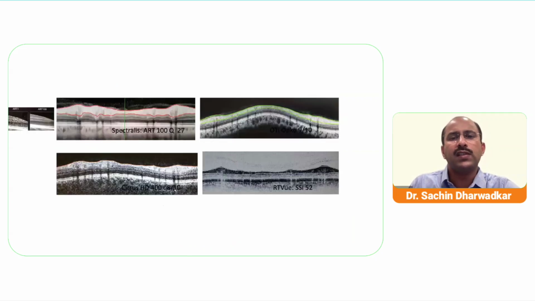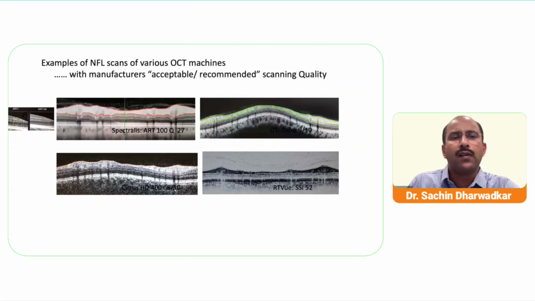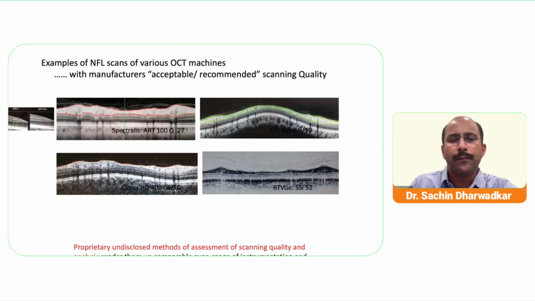Now, if you see these scans, all four are RNFL scans. With an acceptable recommended scan quality, this is how they look. Why they look so different is because of what I showed in the previous slide, that is the processing mechanisms, the noise cancellation mechanisms, the image averaging mechanisms of all these machines are different. So you will definitely see a difference in the quality of the image.